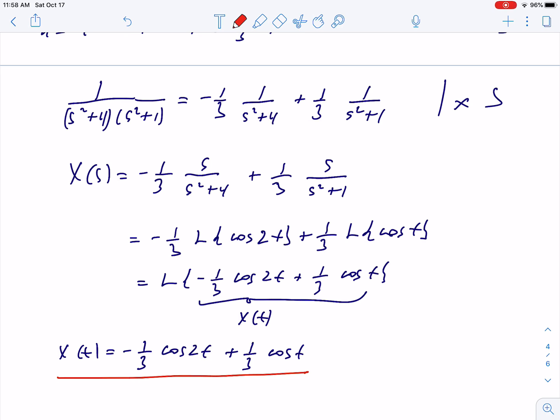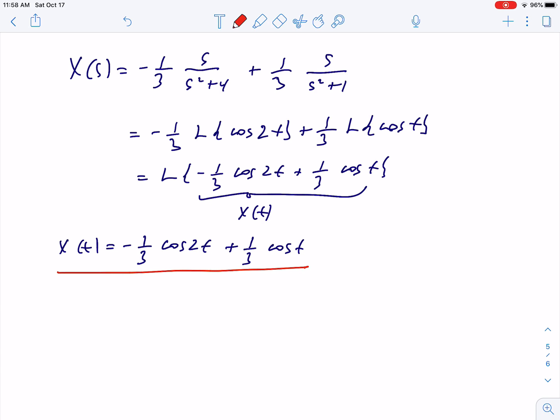I shall do one more. Number 8. Section 10.2. Number 8, x double prime plus 9x equals 1 this time on the right side.